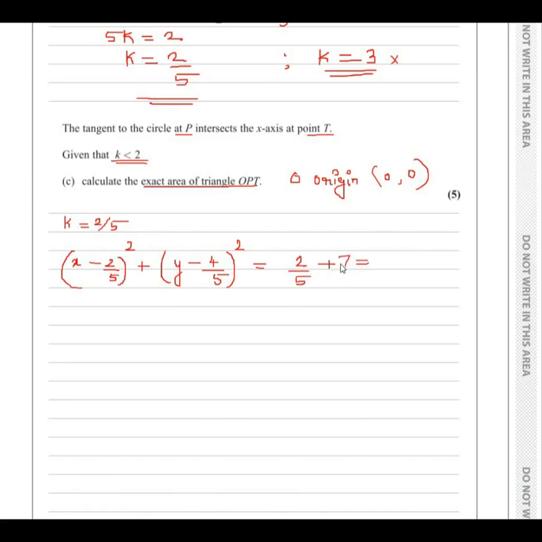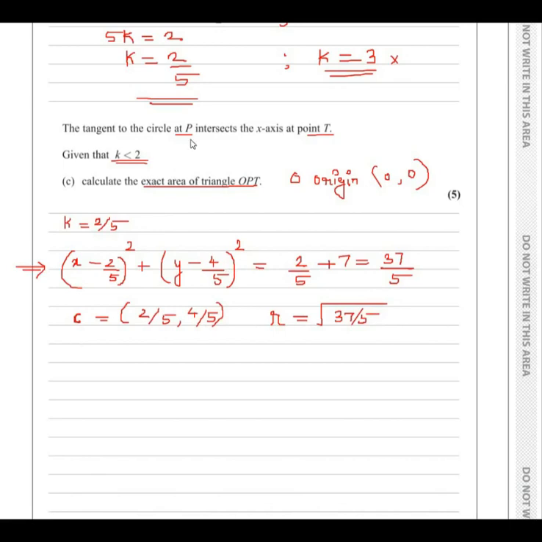When we solve it, 5 times 7 is 35 plus 2, 37 over 5. So this is the equation of the circle when we take k as 2 over 5. Now, looking at this, the center coordinates become 2 over 5 and 4 over 5, and the radius has become square root of 37 over 5. So we have got these two things from the expression above.